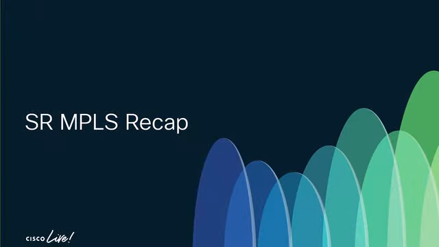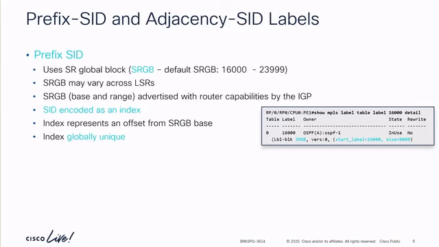Let's have a look at SR-MPLS first. There are two things you really need to know. So we will look at SIDs, segment identifier. In the MPLS world, that's an MPLS label, of course. Two important things is, one, prefix SID. This is the identifier of a router, and it's globally unique.